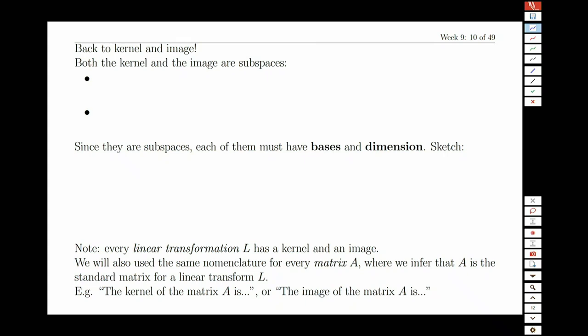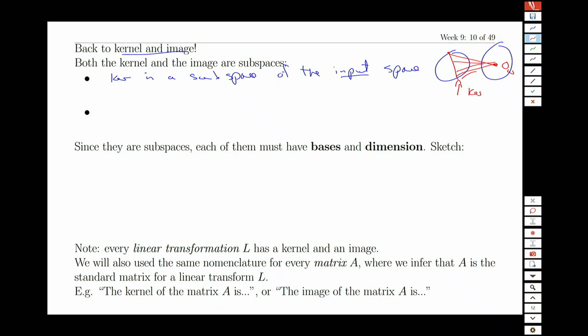This is sort of a deeper level of theory that we're going to sneak up on here. So back to the kernel and image. Kernel and image are subspaces. The kernel is a subspace of the input space. Remembering all the things that map to 0, all these things map to 0.